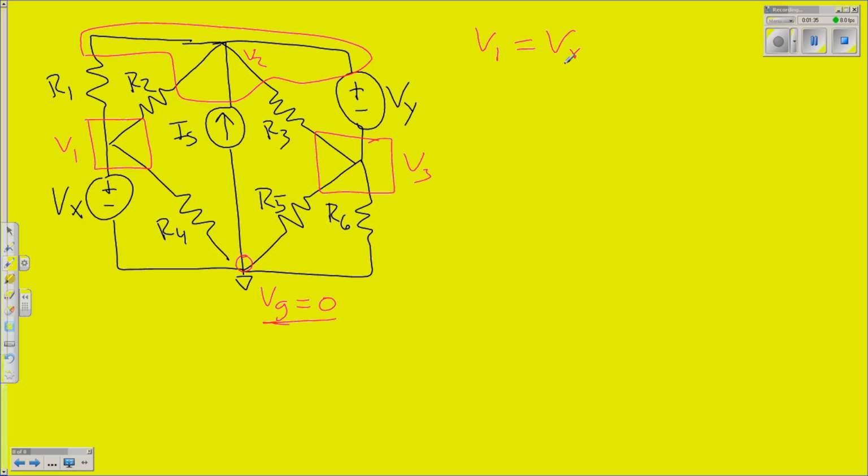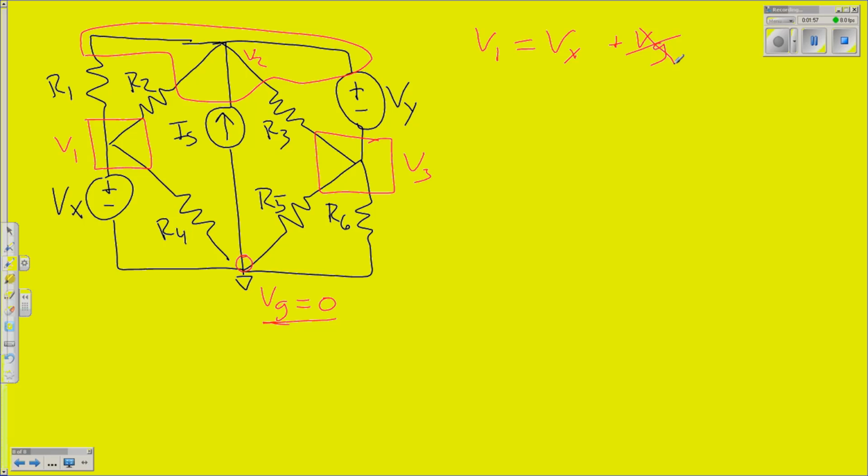We'll see if VG was a positive or non-zero number rather, that doesn't help us a whole lot. We need to use a supernode. But since VG is 0, this cancels out. We just get V1 equals Vx, our first equation.